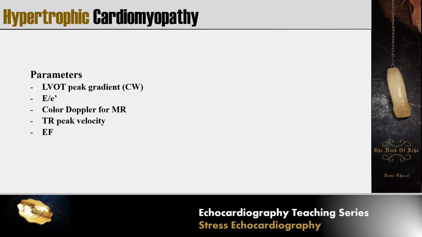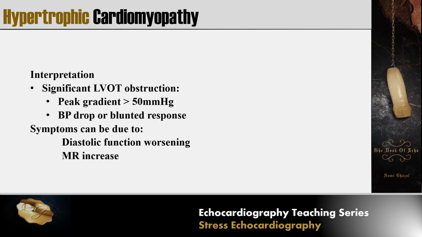The parameters to look for are LVOT gradient with continuous wave Doppler, and E over E prime. You look for MR with color Doppler, TR peak velocity, and ejection fraction.